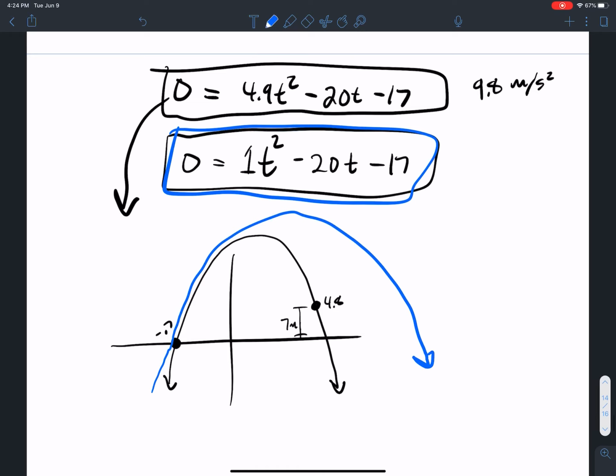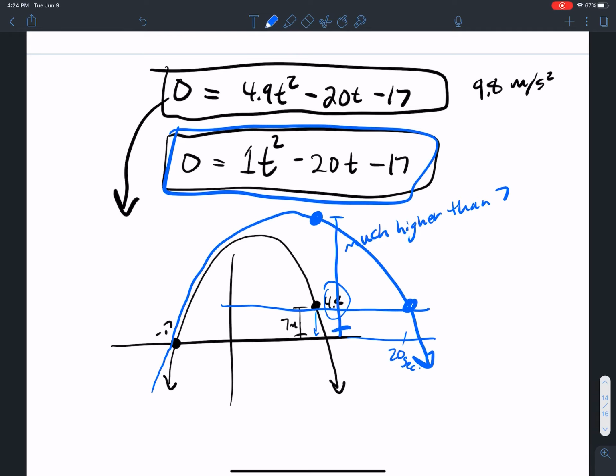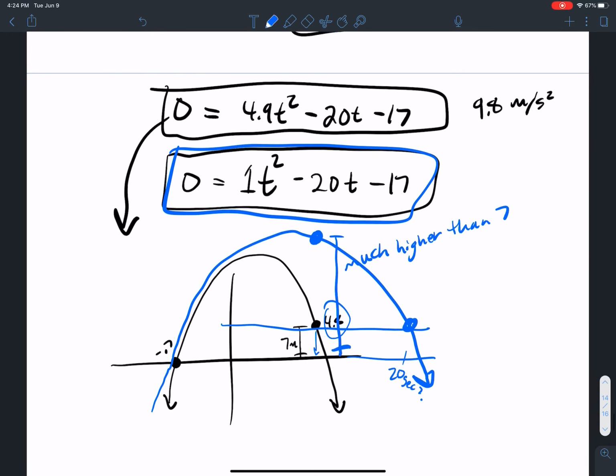So at this time right here, the 4.8, we are way higher up. My height is much higher than 7. So for me to get down to 7 meters, it's going to take a lot longer, maybe 20 seconds. I don't know, we'd have to do the math, right?